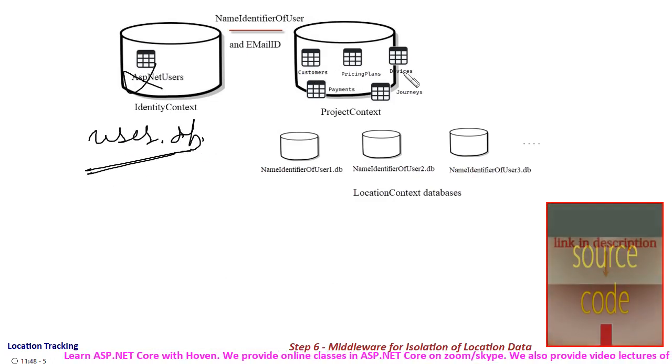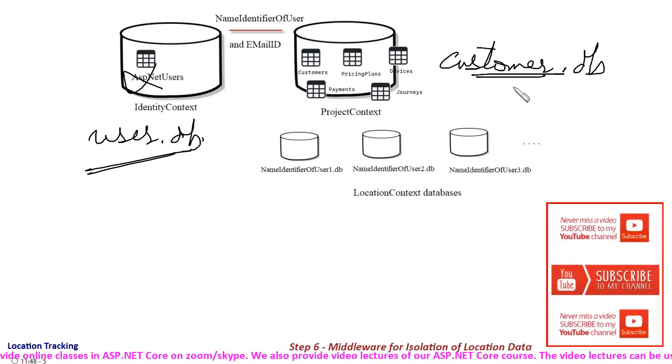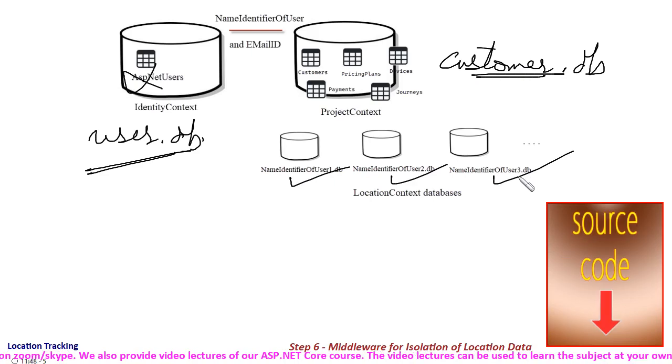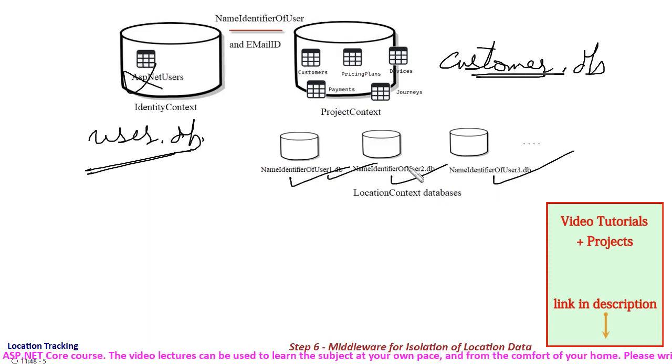It can be hard-coded. This database also has a unique name customer.db, I think. This can also be hard-coded. But these names cannot be hard-coded because there are so many customers and so many name identifiers. So we cannot hard-code this story.